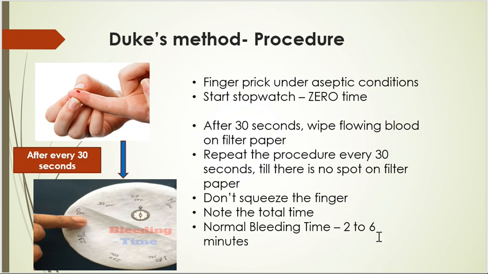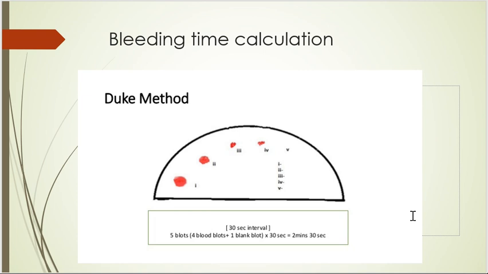Then we'll calculate the total time, which will be the bleeding time. Normal bleeding time is 2 to 6 minutes. Now let's see how we'll calculate it. For example, this is a filter paper and, instead of times, you have marked 1, 2, 3, 4 or 5 spots. On 5 spots there is some blood spot; on the 5th it's not clearly visible but there is some blood.